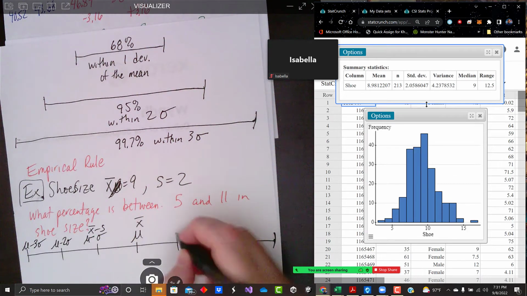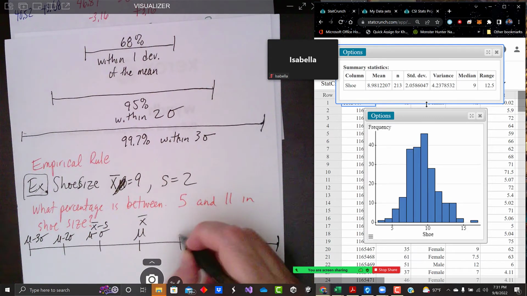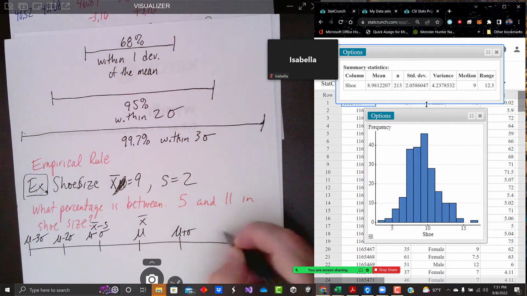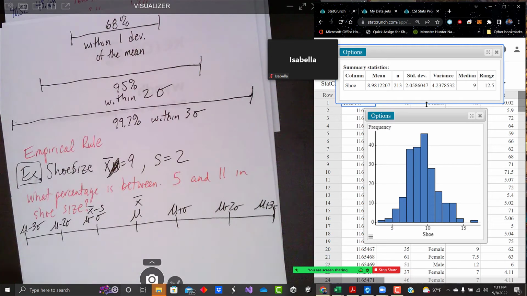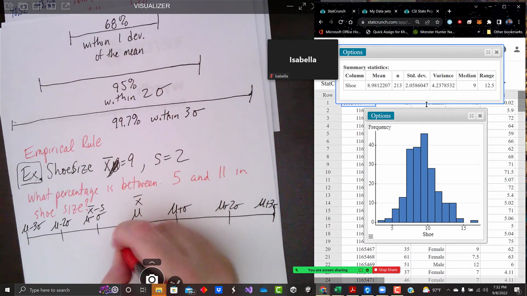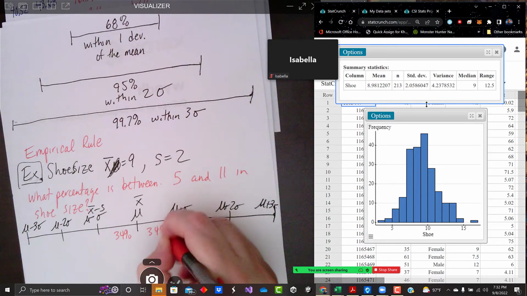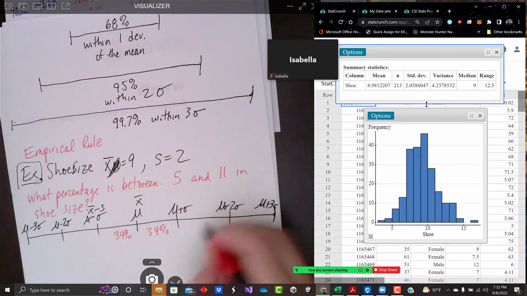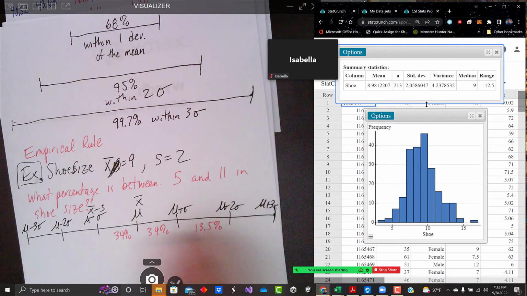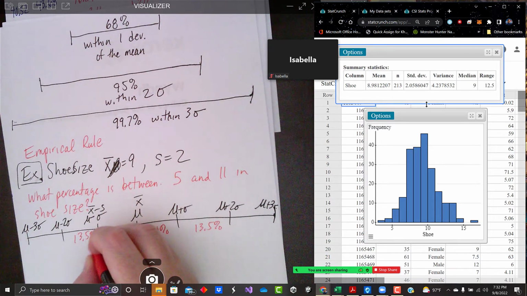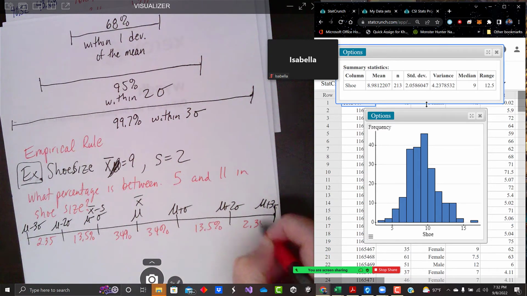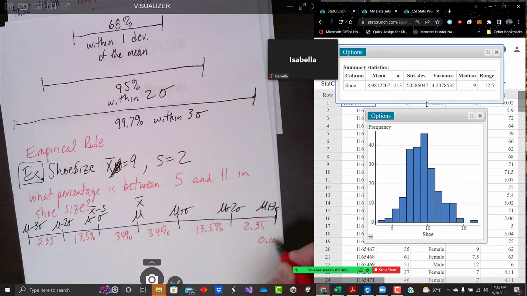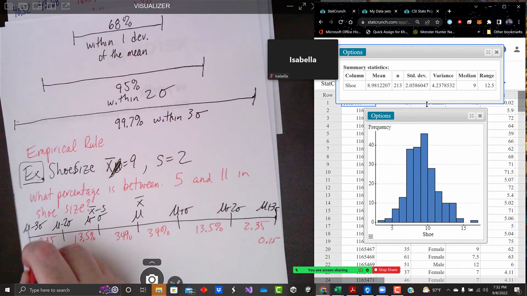I'm so used to writing the population version that I'm going to use it. Mu plus sigma, mu plus 2 sigma, mu plus 3 sigma. The percentages are, I'm going to just write them down, 34. This is taking that whole table and making it look flat. 13.5 is the next group. 2.35 is the next group after that. And there is 0.15 on each of the ends.